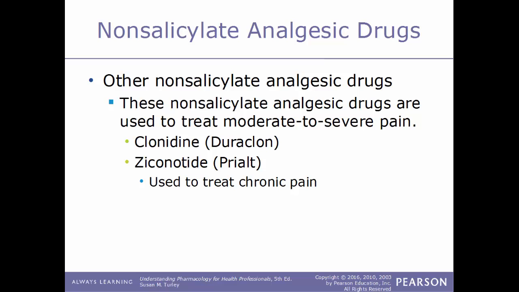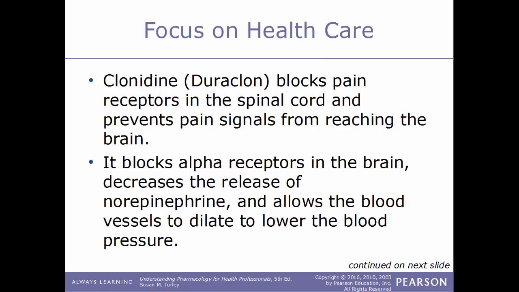Some other examples of non-salicylate analgesic drugs, which are used to treat moderate to severe pain: Clonidine, which is sold under the trade name Duraclon, and also Ziconotide, which is sold under the trade name Prialt. These are used to treat chronic pain. Now, the drug Clonidine, also known as Duraclon, blocks pain receptors in the spinal cord and prevents pain signals from reaching the brain.